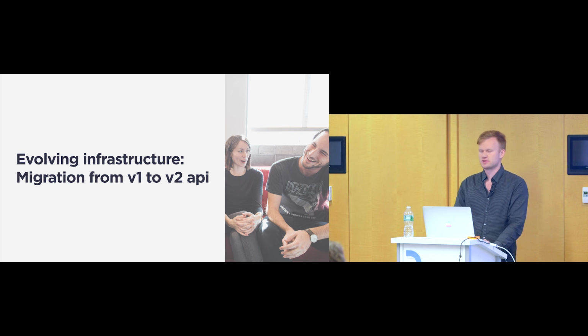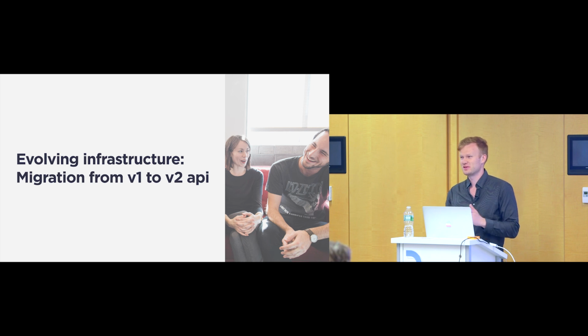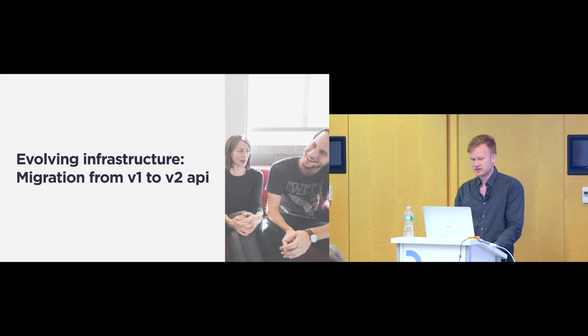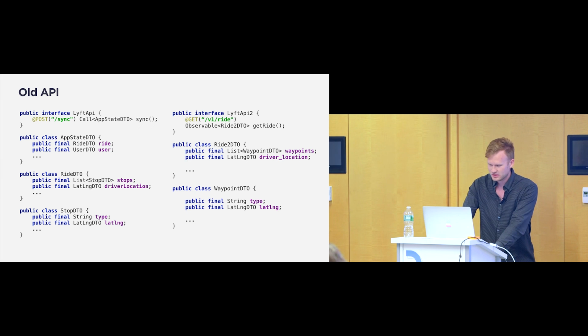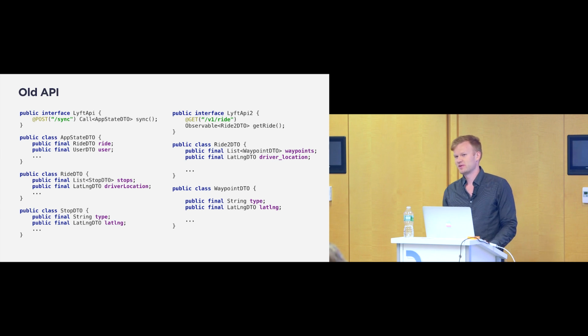But not only features are changing over time. Often even your infrastructure changes too. And one of the infrastructure change examples could be migrating from API version 1 to API version 2. So as you remember, the old Lyft API was based on some sync object that included all information.